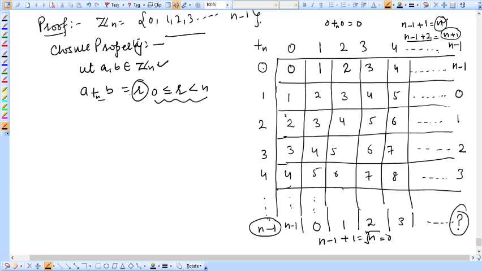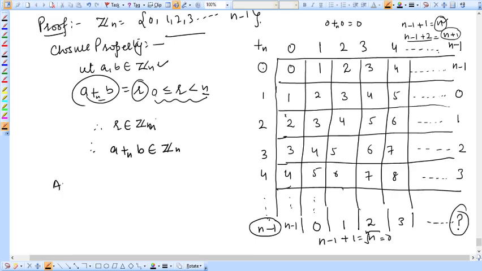So if something is between 0 and n, it means it belongs to Zn, obviously. Therefore r belongs to Zn and r is equal to this. Therefore a addition modulo b belongs to Zn. So the first property is true, it is closed.